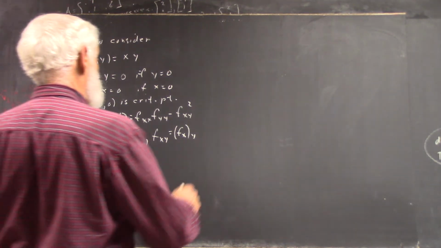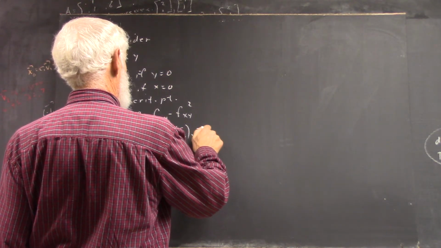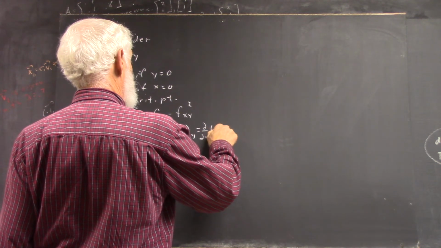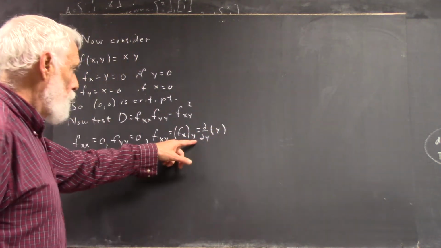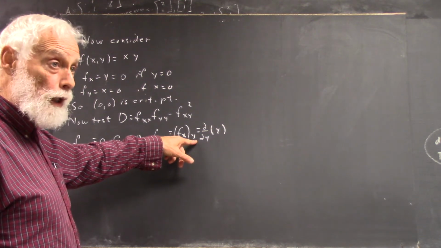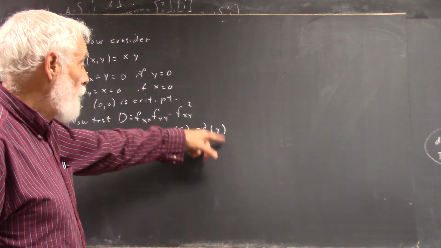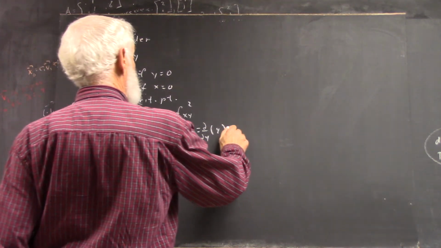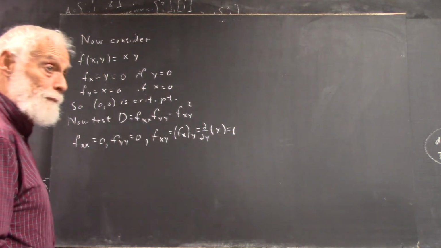And fx is y. You know, the y thing means partial with respect to y, right? I don't want to write y sub y, so I'll go to the partial sign. Anyhow, that equals 1, right?